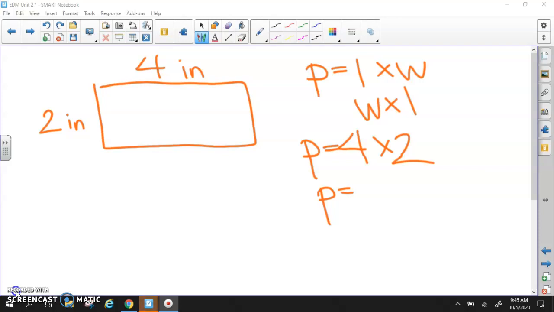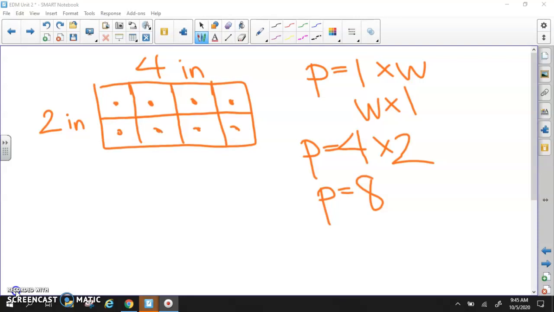Is 8. And you can test this by drawing 4 boxes across, and then 2 boxes down, and you can count it: 1, 2, 3, 4, 5, 6, 7, 8.